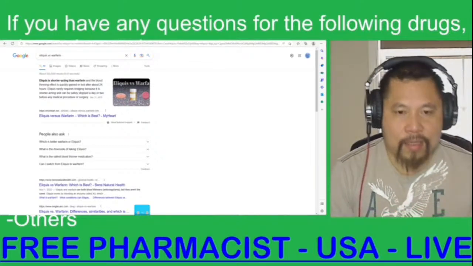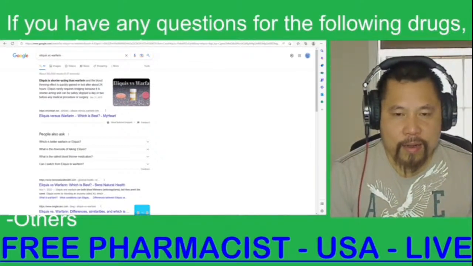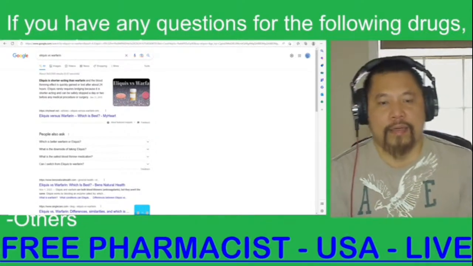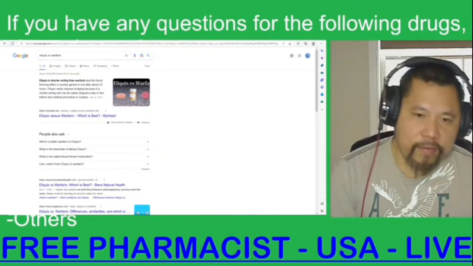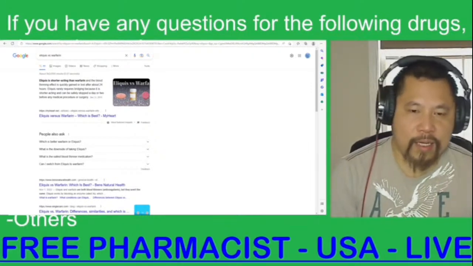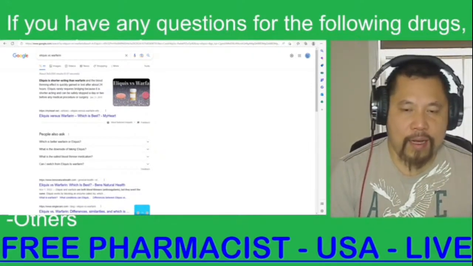They don't want to try the new medication, because it does not need the blood test to make sure it's not too low or too high, like warfarin.